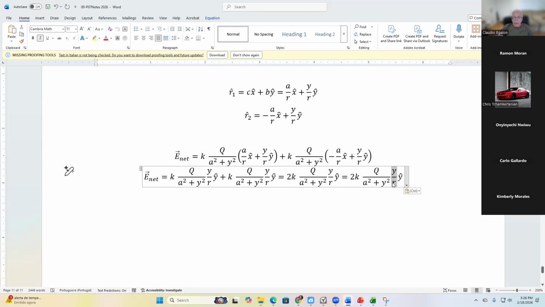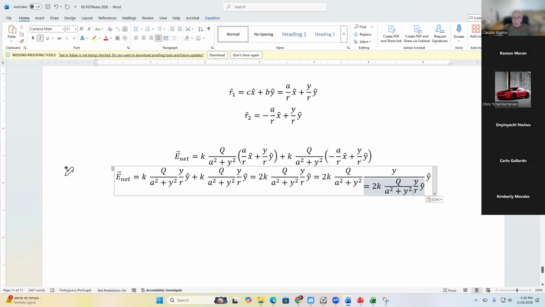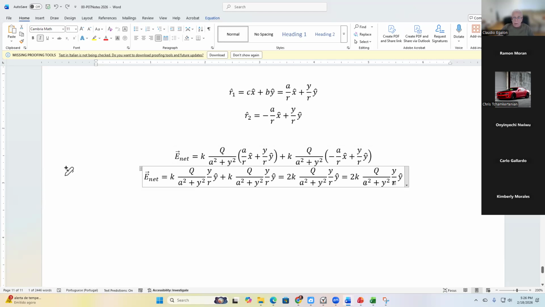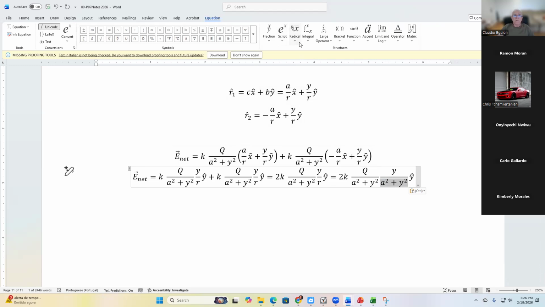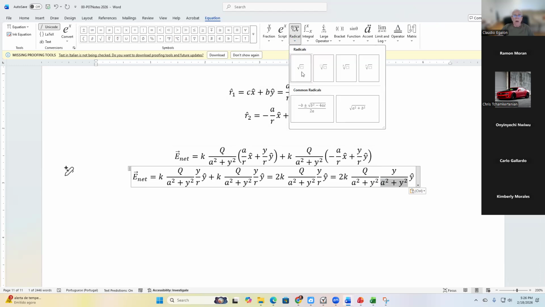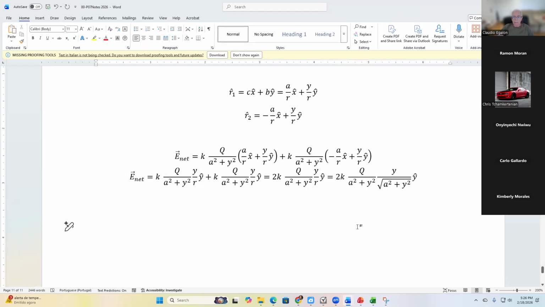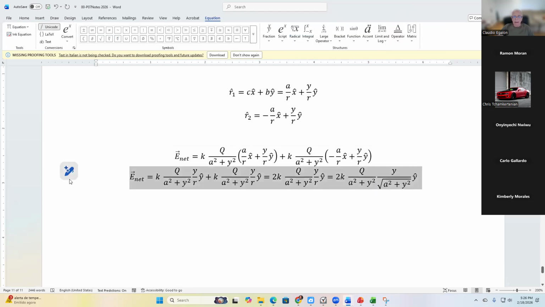I'm going to do that right now, downstairs here. I copied the wrong one. This one here. Put the square root right here. Can I simplify? Yeah, I sure can simplify a little bit.